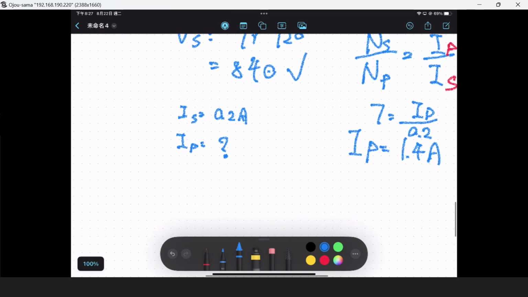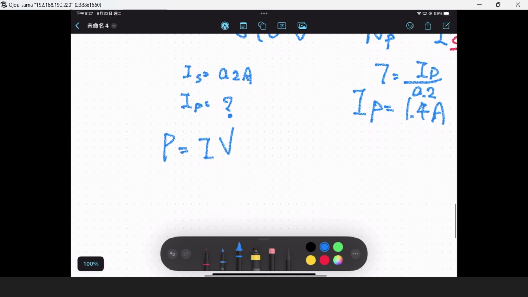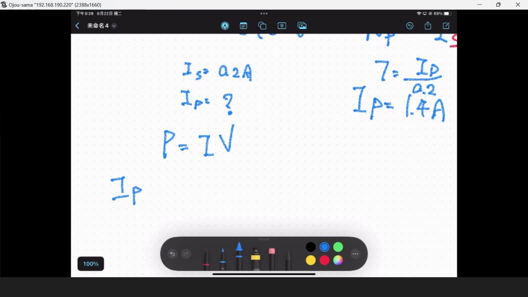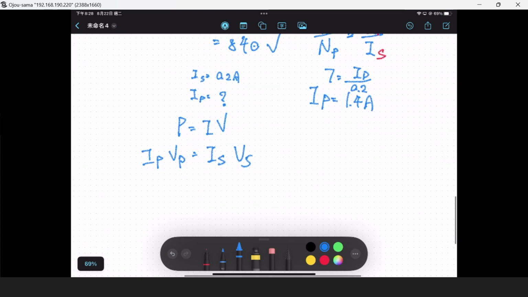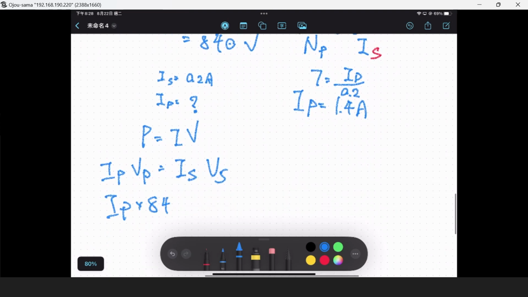Another way is we have our old friend P equals IV. You don't have to worry a lot. You just have to know that in the circuit your power is constant. That's why primary I times primary V equals secondary I times secondary V. Power remains constant. So when you have a primary circuit, Ip is unknown, but voltage you know is 840, and the current, oh no, this is not primary.